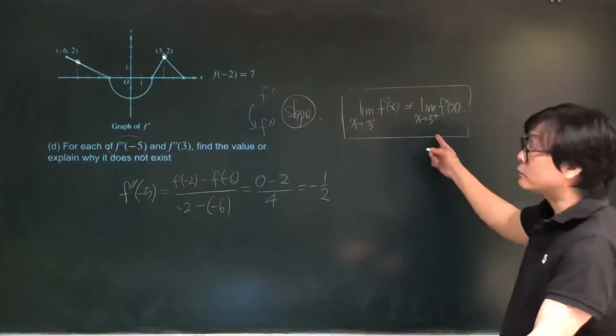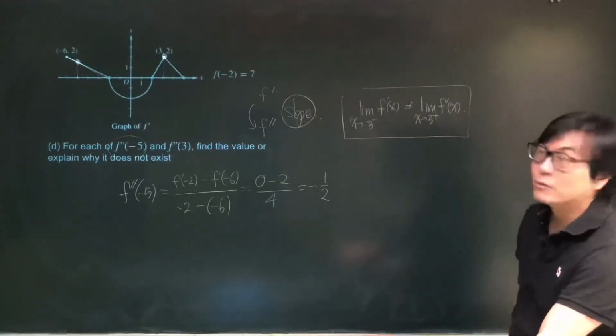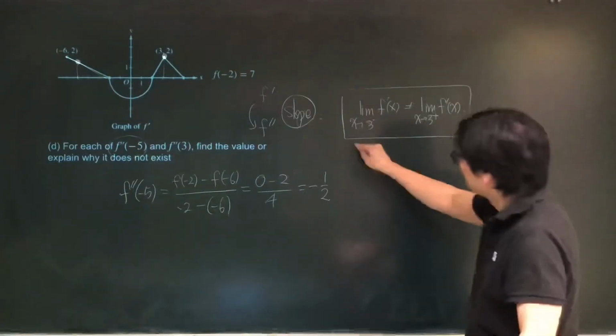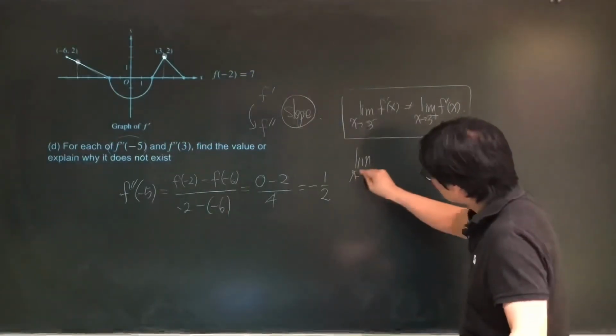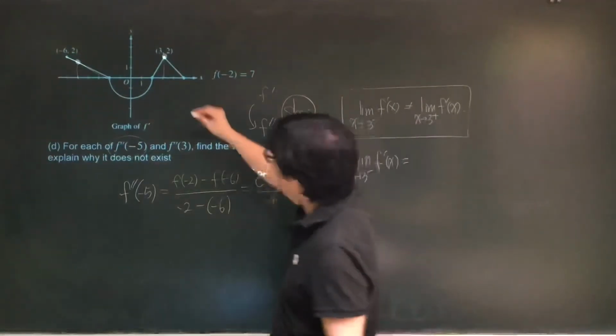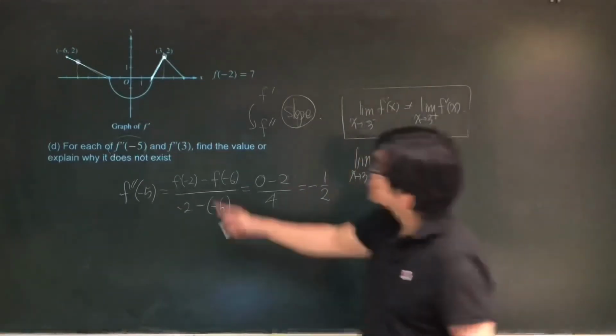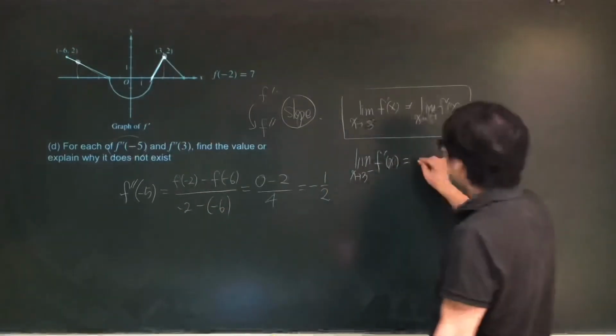That's what we need to show to prove f double prime 3 does not exist. The limit as x goes to 3 from the left of f prime x is the slope from the left side at x equals 3. That should be 2 by 1, which is 2.